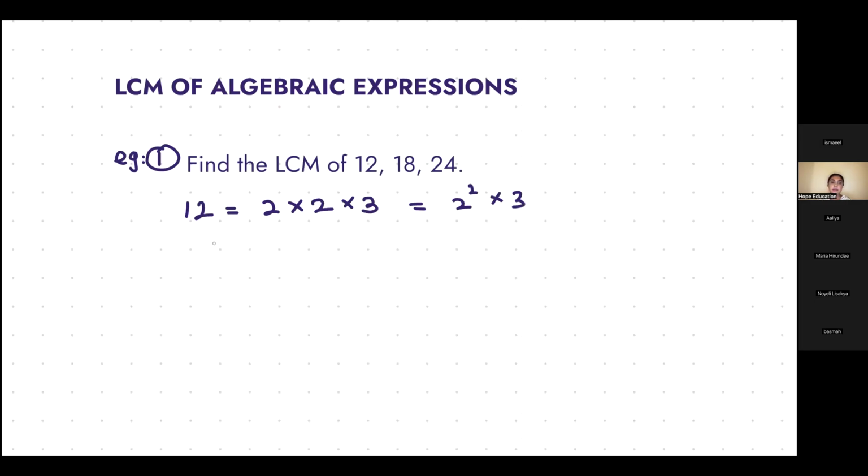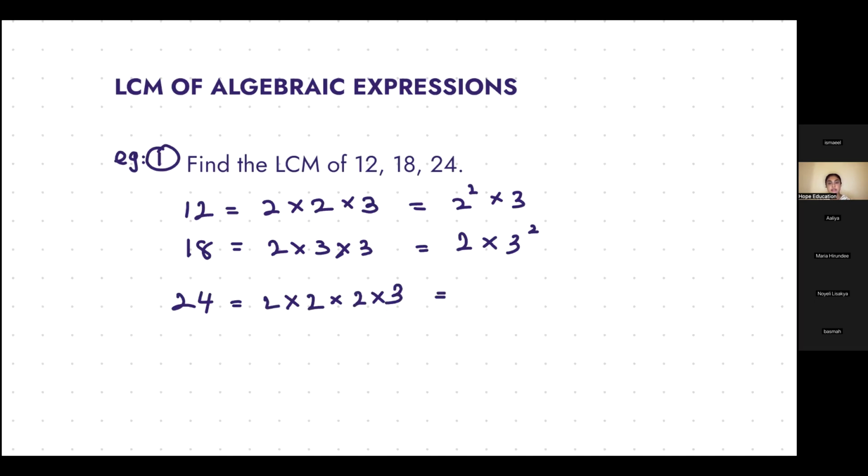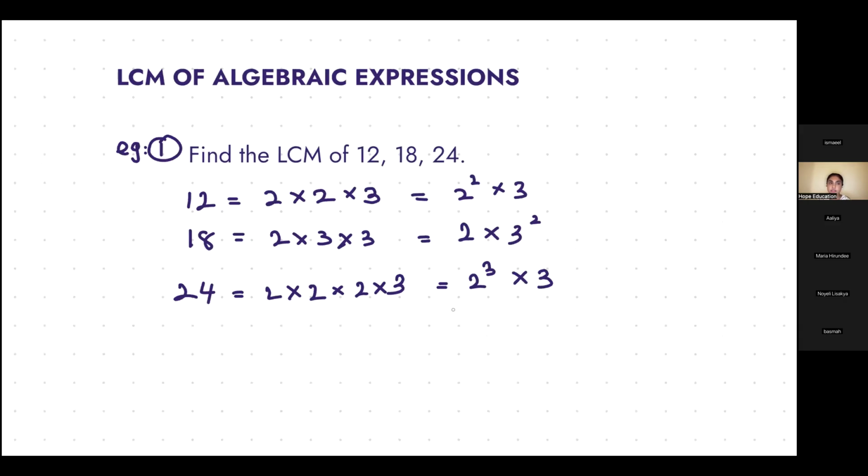Then 18 is 2 times 3 times 3, that is 2 multiplied by 3 to the power 2. Then 24 is 2 times 2 times 2 times 3, that is 2 to the power 3 multiplied by 3. Up to this point, is it clear how I wrote the factors?